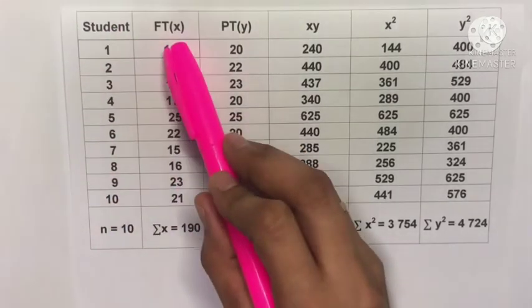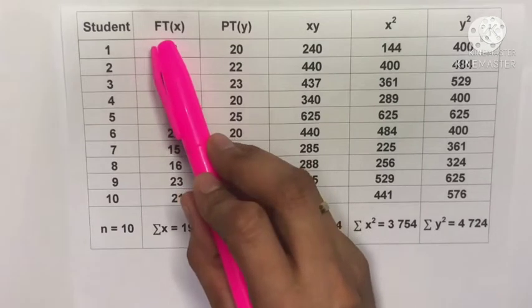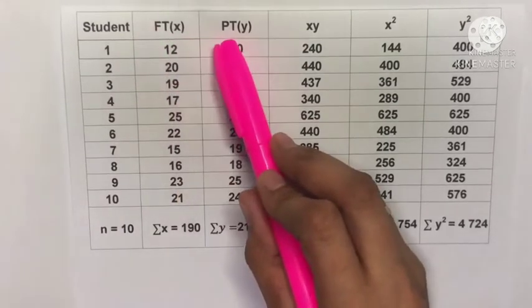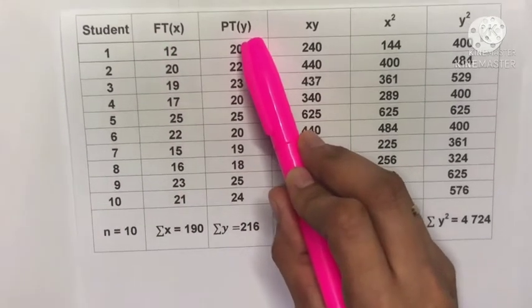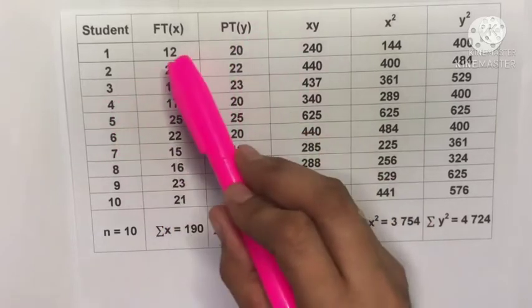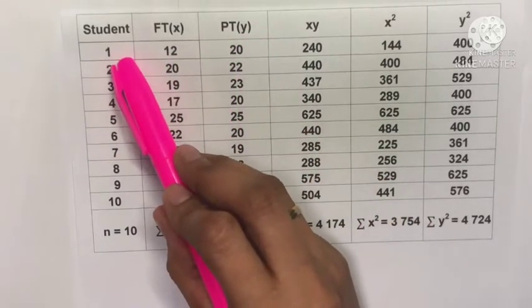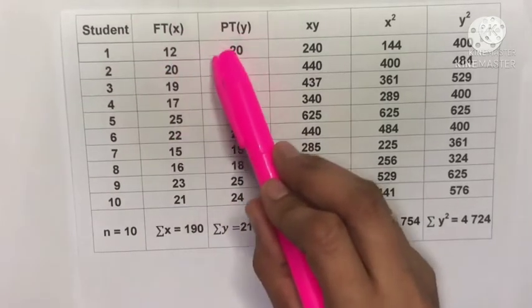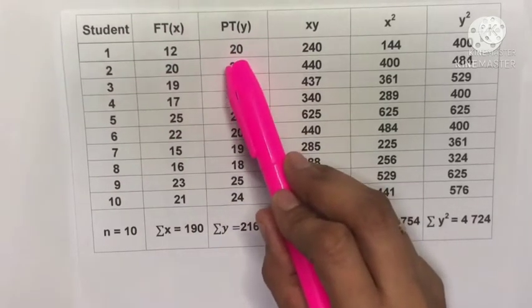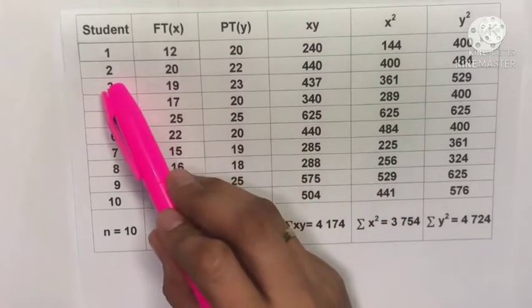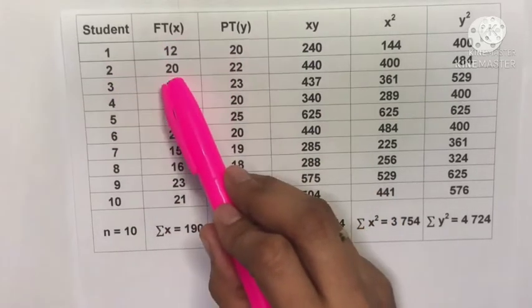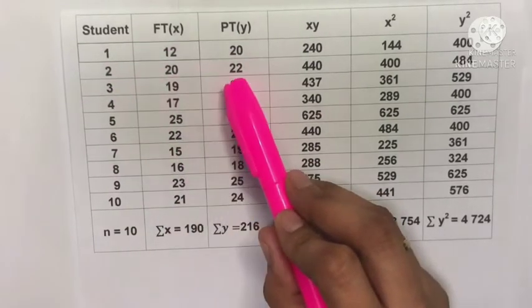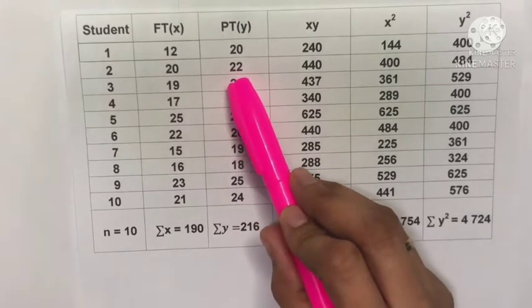FT is your x and PT is your y. The score of student number 1 for the first test is 12, and for the parallel test, or y, it is 20. For the second student, the score for the first test is 20, and for the parallel test is 22, and so on.